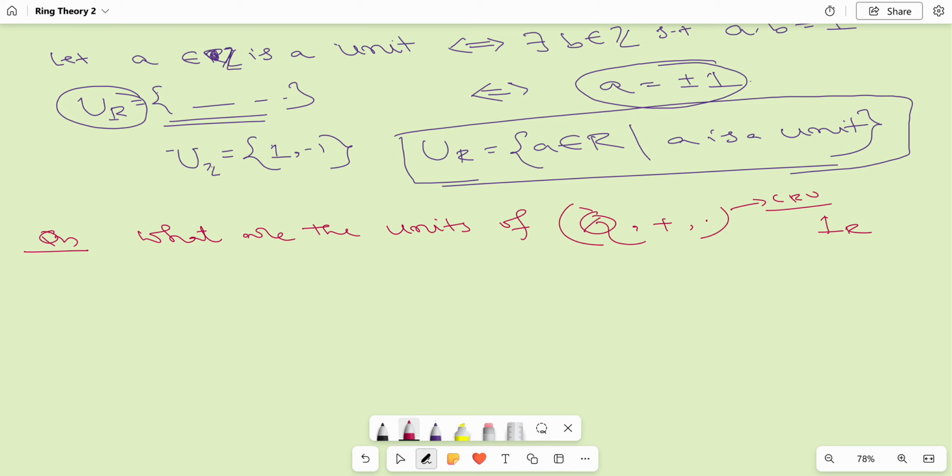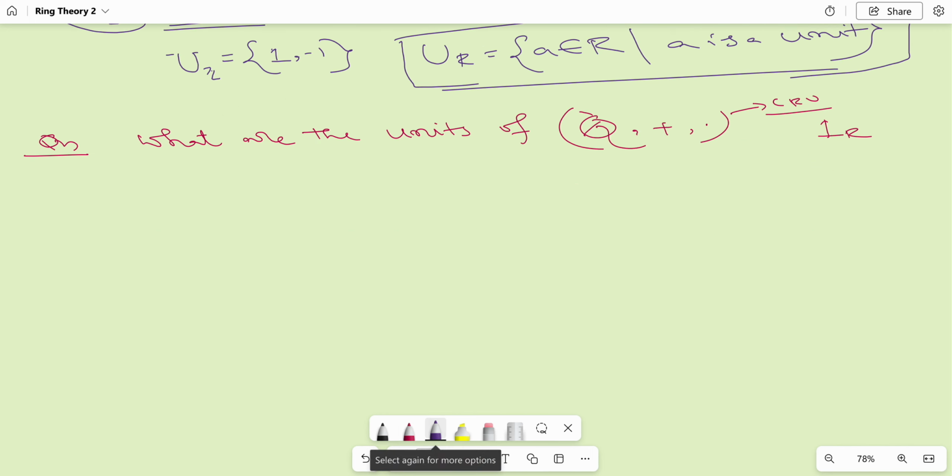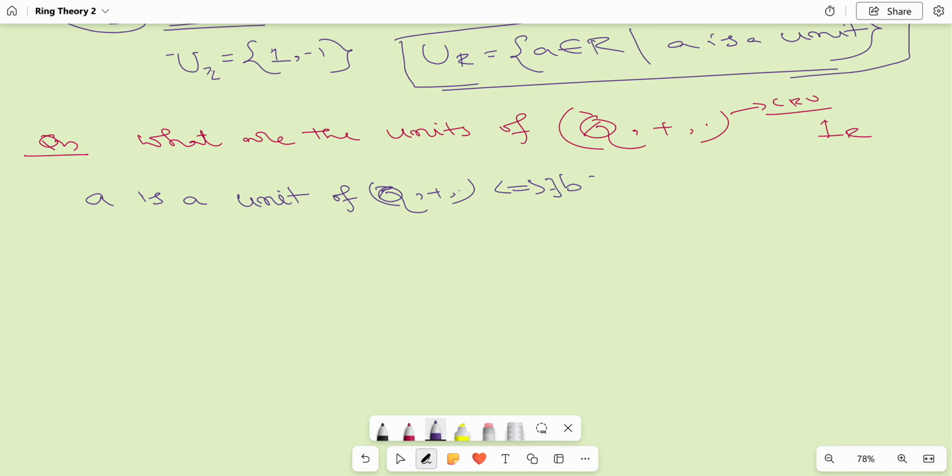So suppose a is a unit of Q, plus, dot, which is equivalent to saying that there exists a b inside Q such that a dot b equals 1_R.